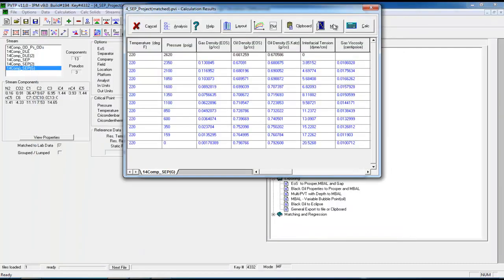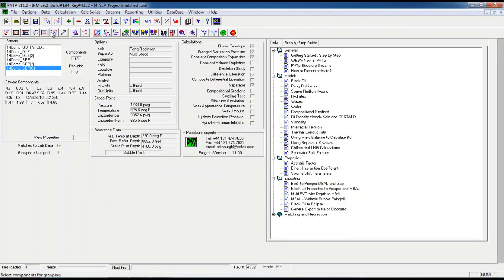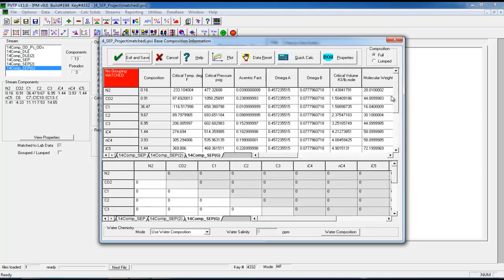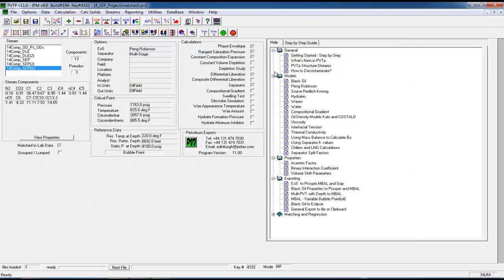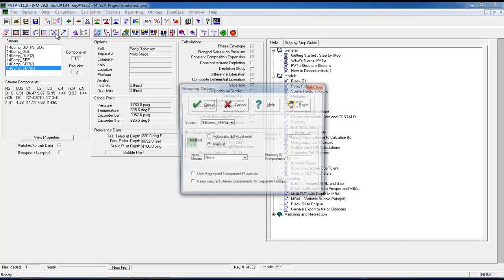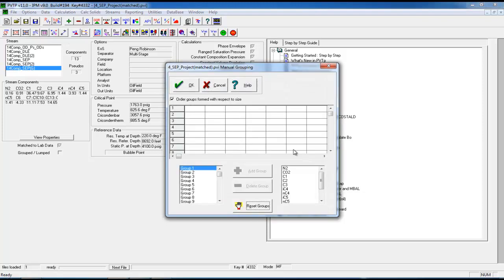If we go out from here and go back, it seems that the grouping was not accepted.